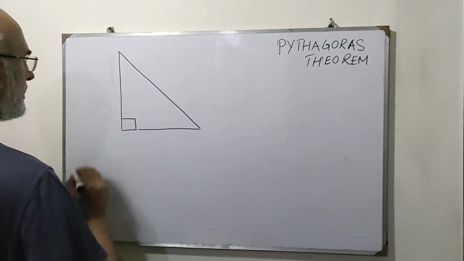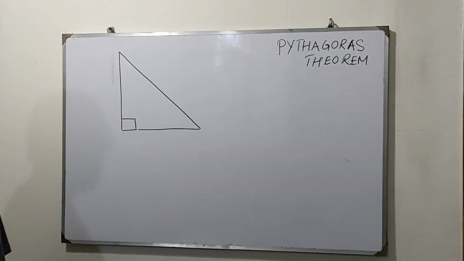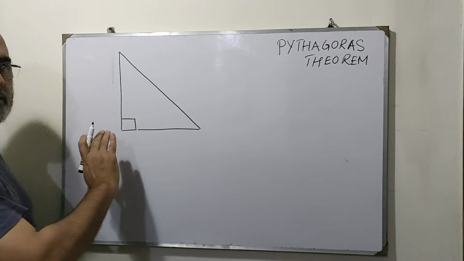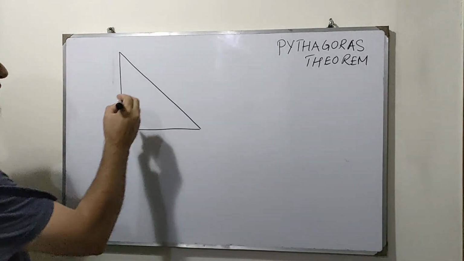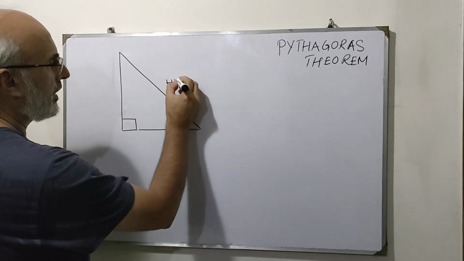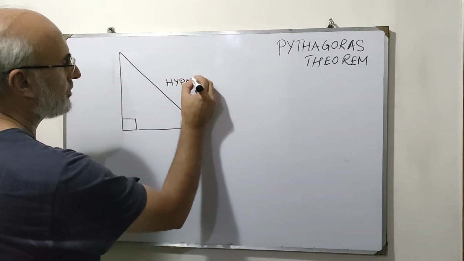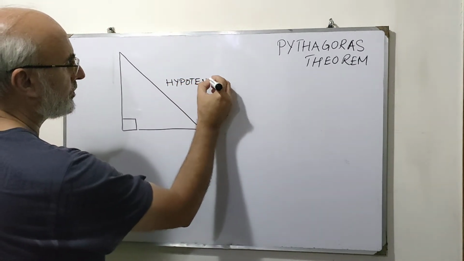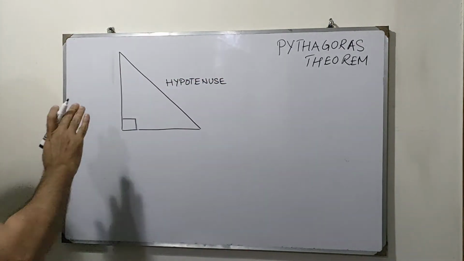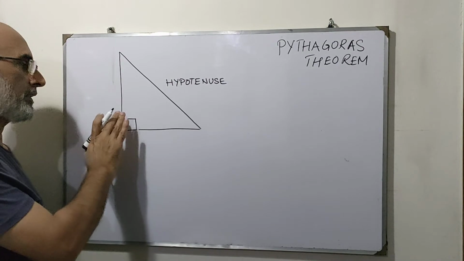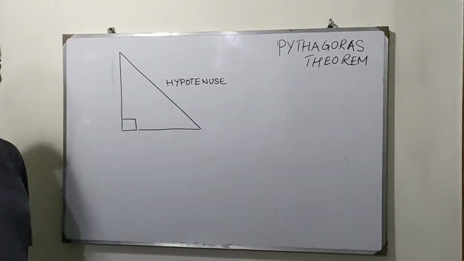One angle is a 90 degree angle. The side opposite to the 90 degree angle is known as hypotenuse. Now I have a 90 degree angle over here. Other than this 90 degrees, there are two more angles.